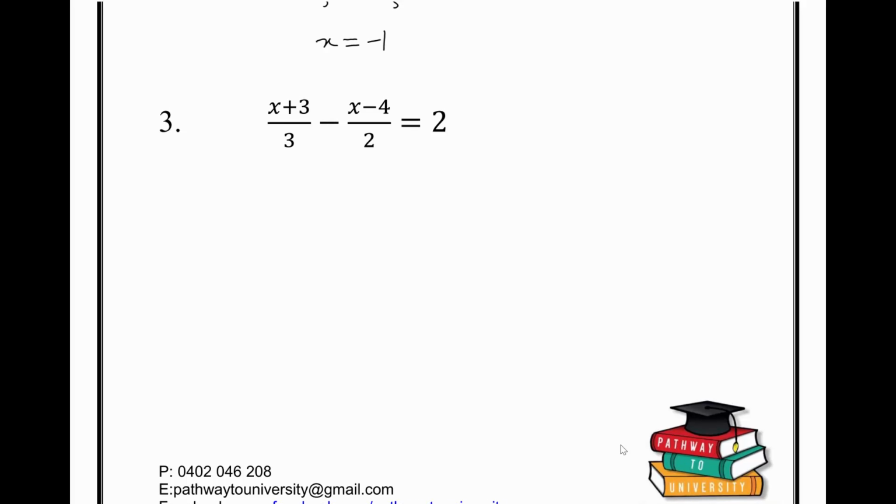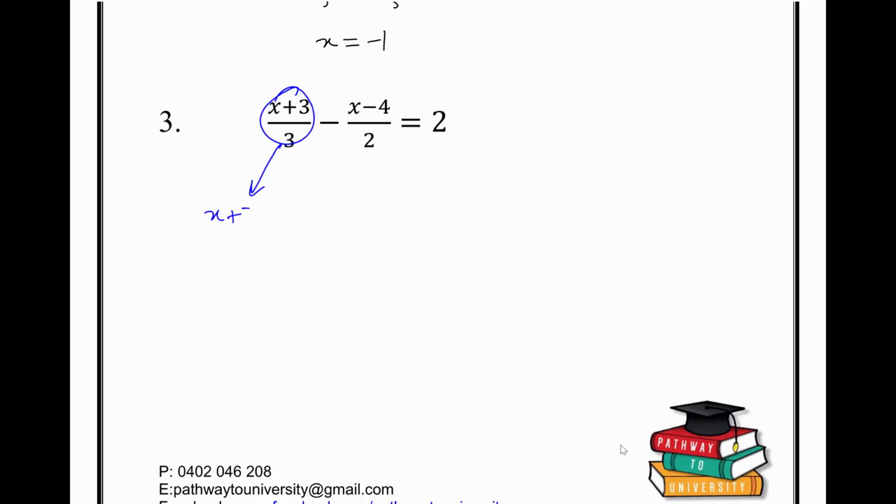This time we have a pair of fractions. As such, we need to make it so that they have a common denominator, and in this case we can use the base 6. So the first part, we can take and multiply by 2 divided by 2.